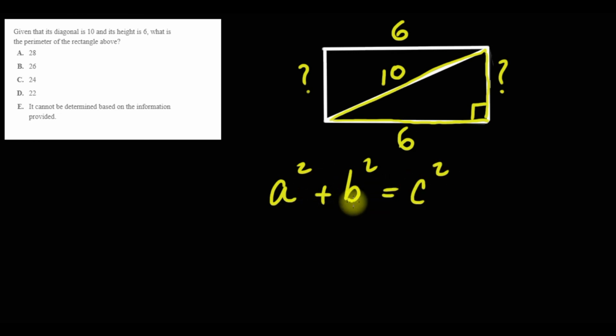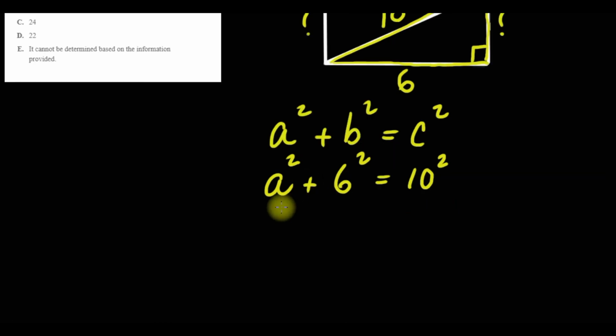The a and the b are the legs of the triangle, and the c is the hypotenuse. So 6 could be your a or b, doesn't matter. So we can go a squared plus 6 squared, which would equal c squared, and that's going to be 10 squared. Solve for a to get us the other side. So a squared plus 36 is 100.